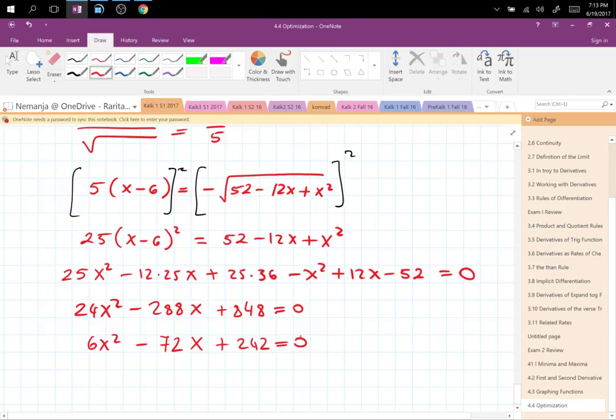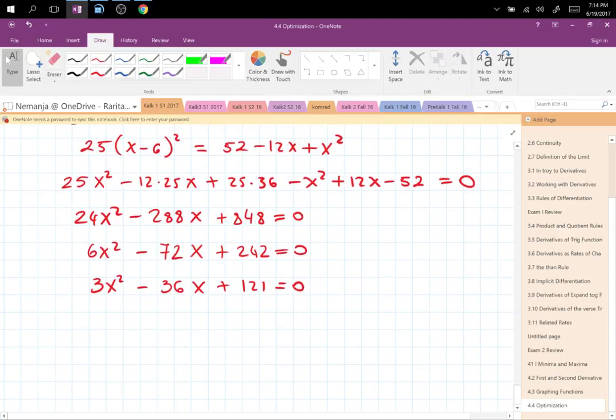We can still divide by 2. I'm lazy to go. Yeah, this one doesn't divide. All right, now use the quadratic equation.